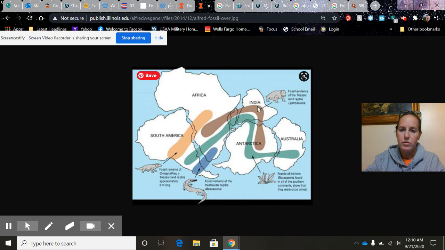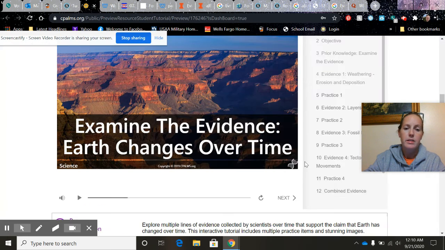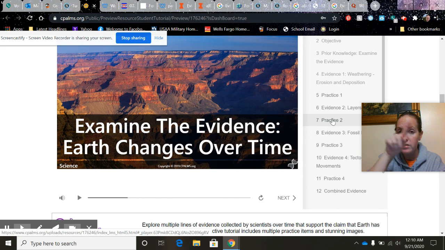We see all sorts of really good ones like Glossopteris and all these guys going right across the continent, proving that they were there. So we have tons of evidence that really shows us that Earth is changing over time. It's not just one stagnant rock, and that all goes back to those convection currents that we talked about last unit.